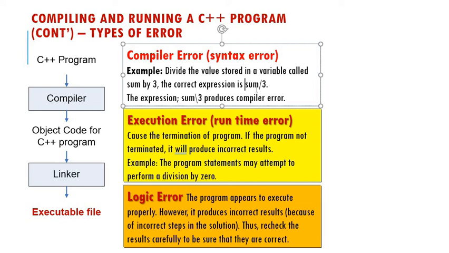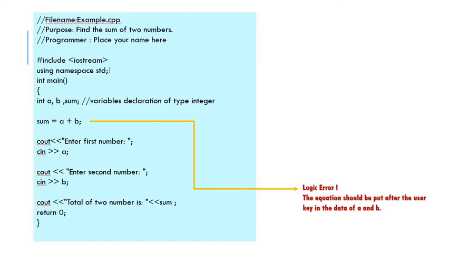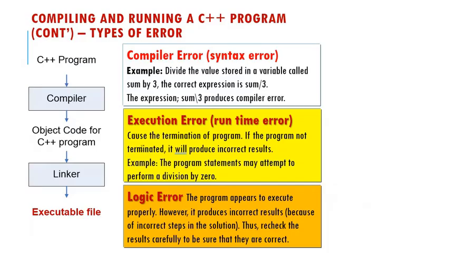Another example is in one program. To end a line, you need to put a semicolon, but sometimes the programmer forgets to put the semicolon at the end of the line, so that condition will also produce a compiler or syntax error.